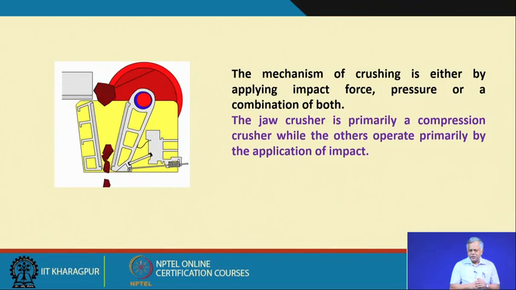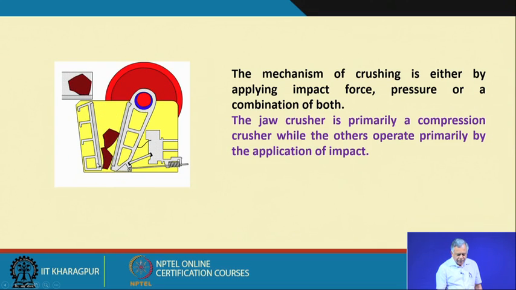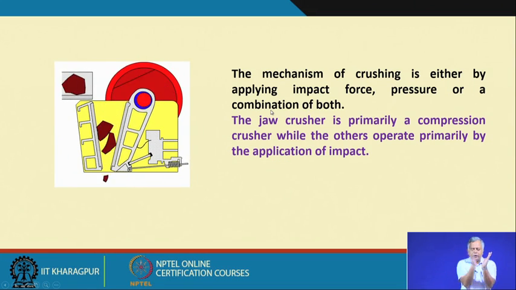The mechanism of crushing is either by applying impact force, or pressure, or a combination of both. That means when you are hitting it, there is some kind of impact, and you are also squeezing it, so there is pressure also. The particle may get broken because of the two forces together many times.